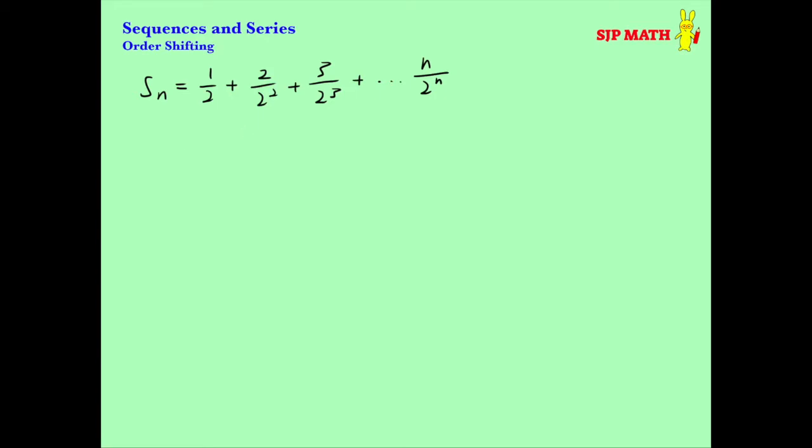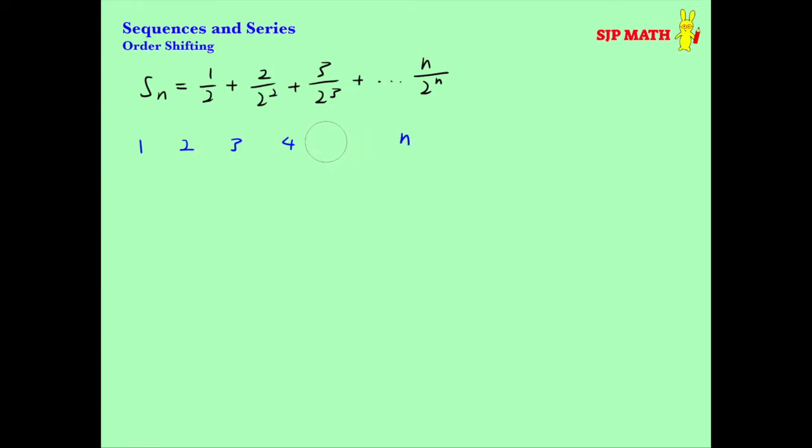So now we're gonna just rewrite this. First we're gonna look at the numerator. So it's 1, 2, 3, actually, I'll write it up to 4 because we're gonna do something with this, all the way up to n.